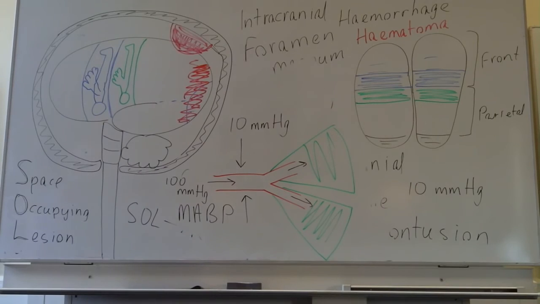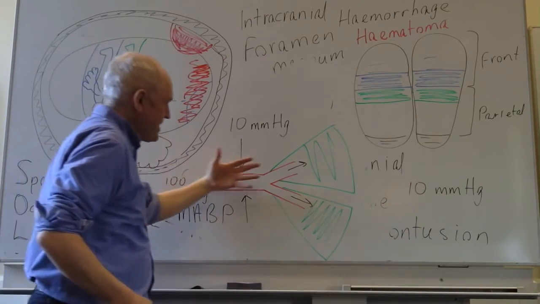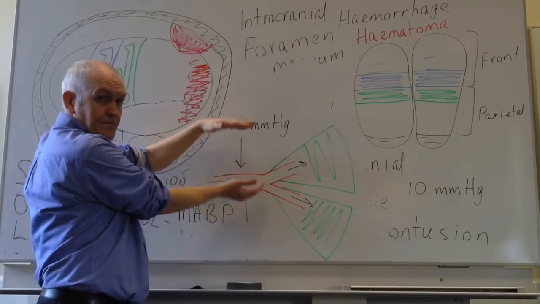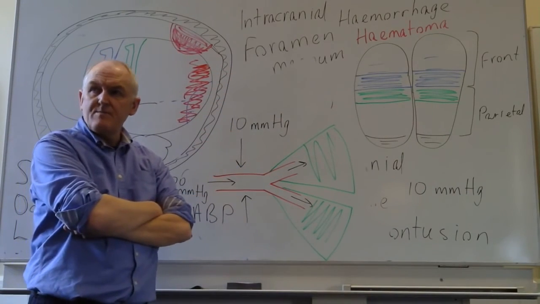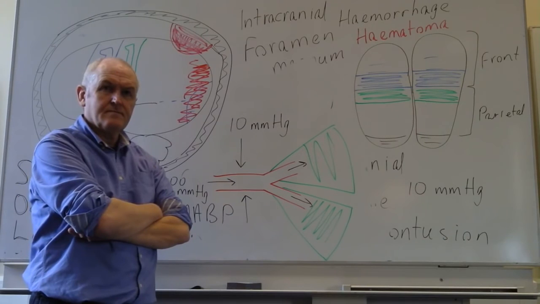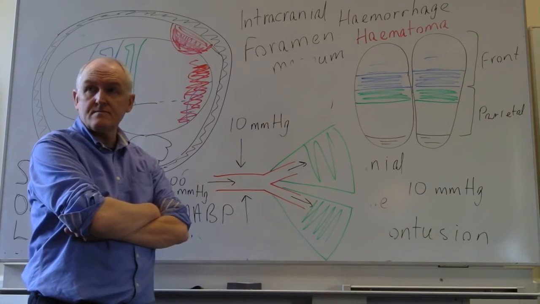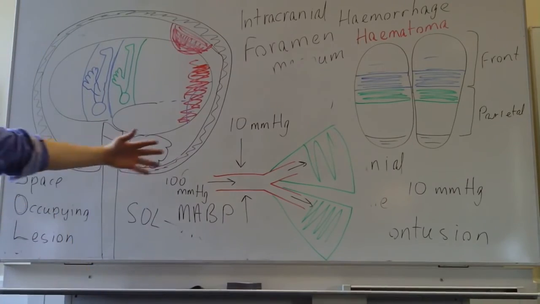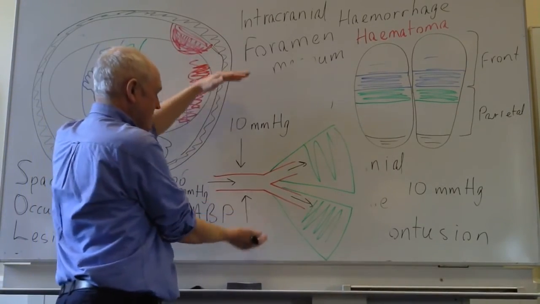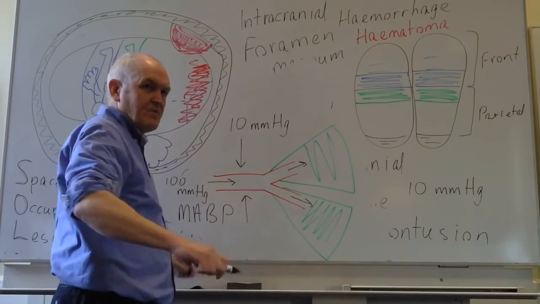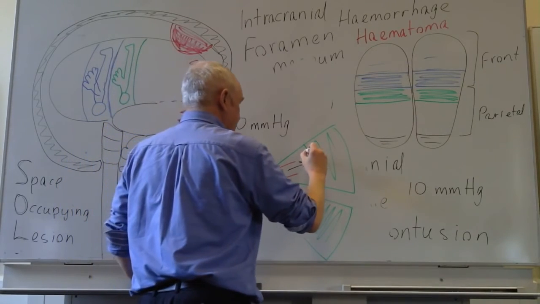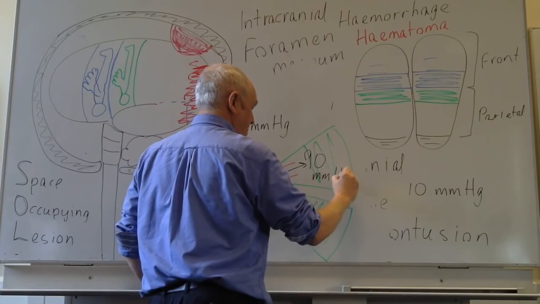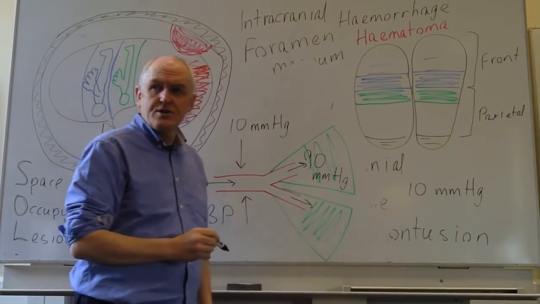So do you see what we've got here is we've got 100 millimetres pushing in, and we've got 10 millimetres trying to squash it, trying to keep the blood out. Does that make sense? 100 pushing in, 10 trying to stop it. But can you see that still means that the perfusion pressure here is 90 millimetres of mercury? Is that logical?